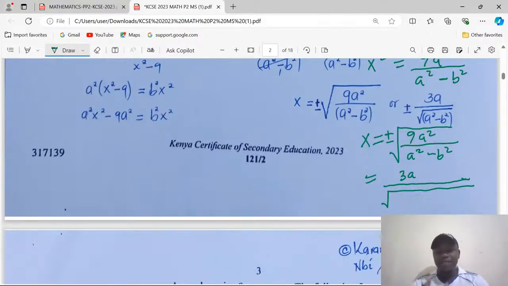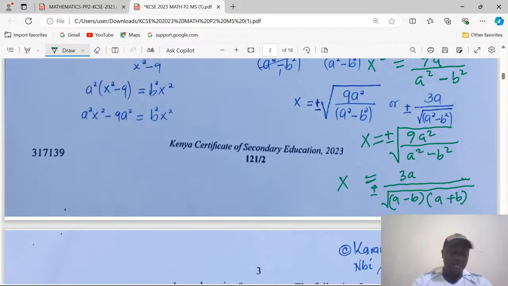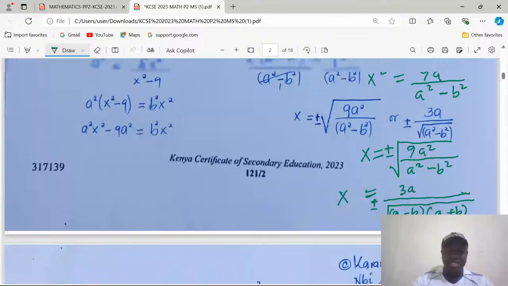Therefore, instead of leaving it that way, we can have it simplified in that a squared minus b squared now becomes a minus b, a plus b. Now that is it. Remember our plus or minus to be at that point. So this is the value of x, and we have now made it the subject of the formula.